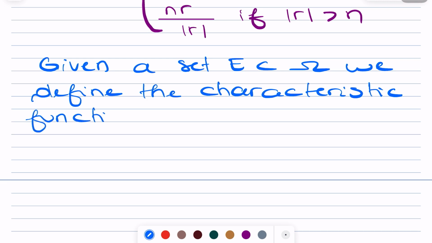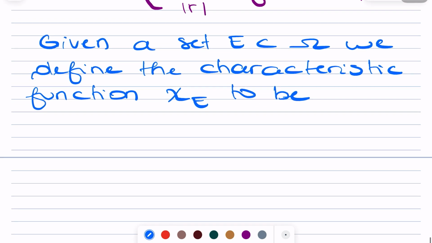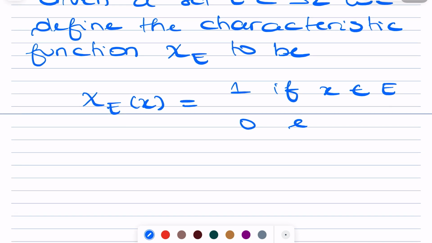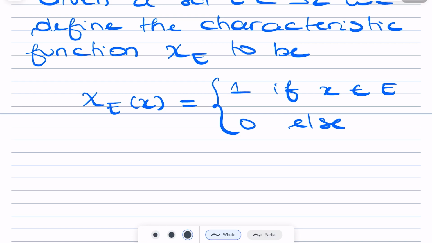At times there is a confusion between the characteristic function and the indicator function, but here we define the characteristic function chi E to be: chi E of x is 1 if x is in E and 0 otherwise. So this is basically the indicator function for some people. Okay, so let's go back to the proof.